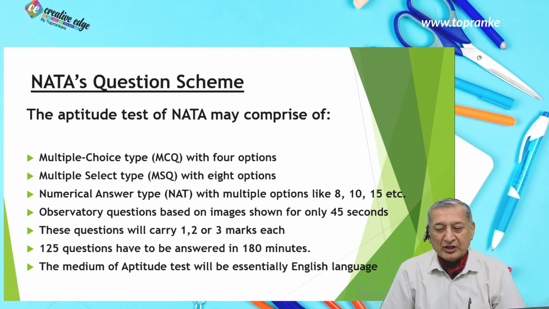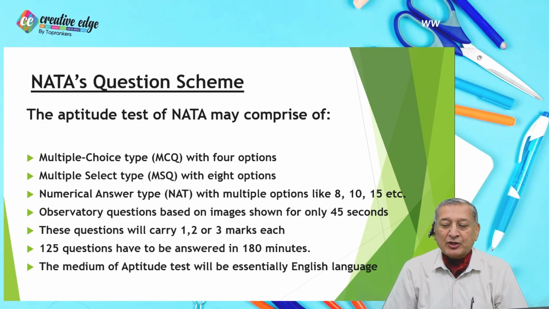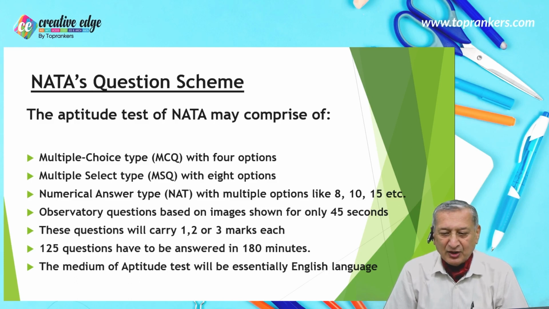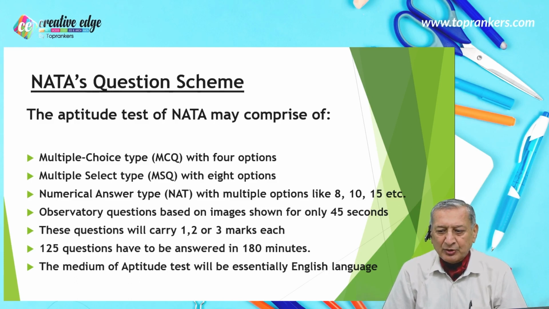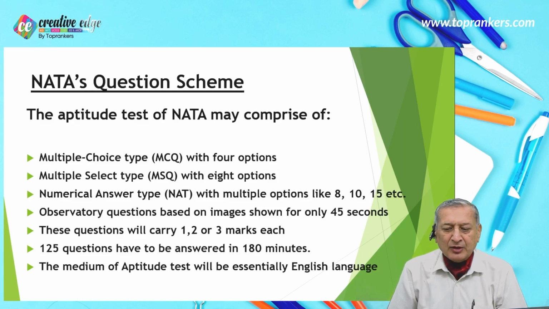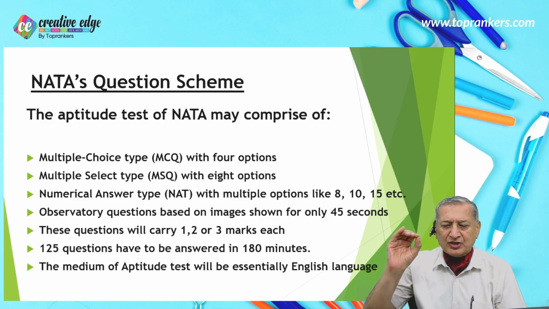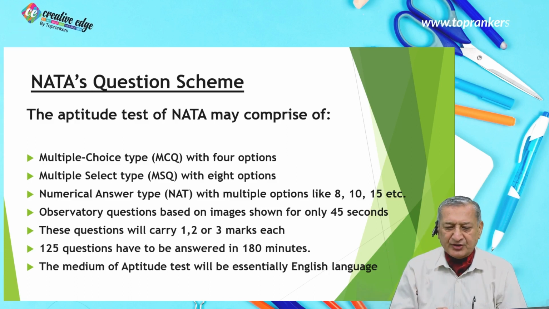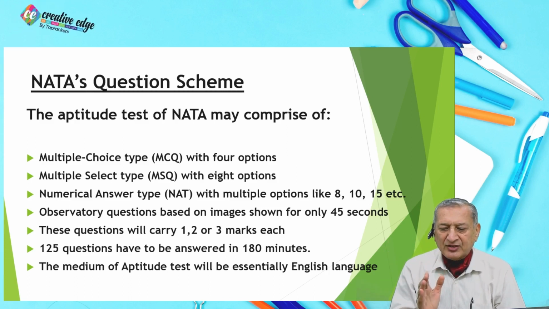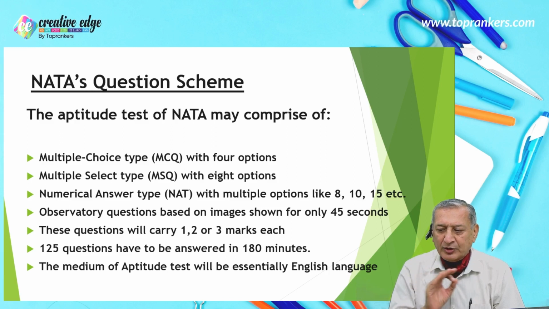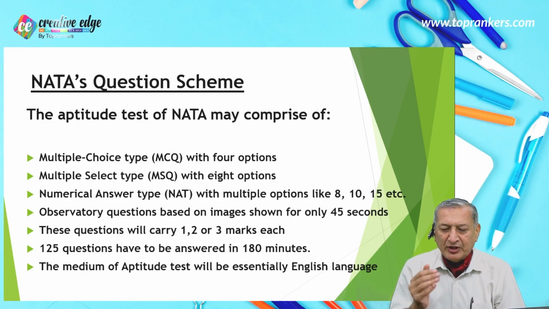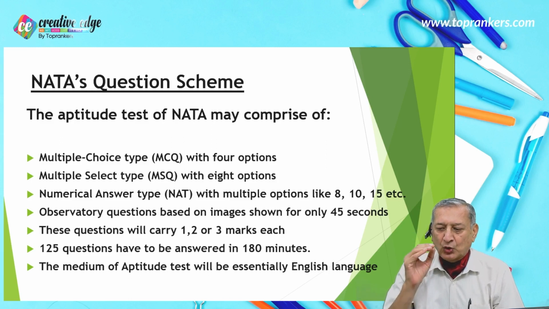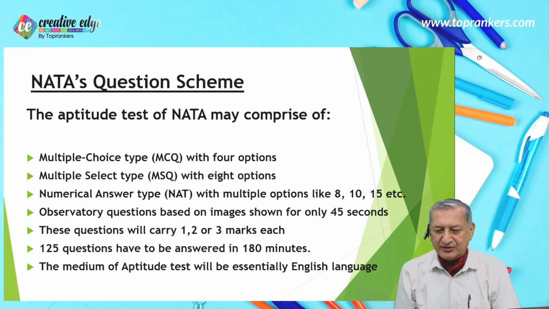Let us look into the NATA question scheme. The aptitude test of NATA may comprise multiple choice type questions, MCQs, with 4 options, and multiple select questions with 8 options. Numerical answer type, that is NAT, with multiple options like 8, 10, 15, etc. Observatory questions based on the images shown for only 45 seconds.